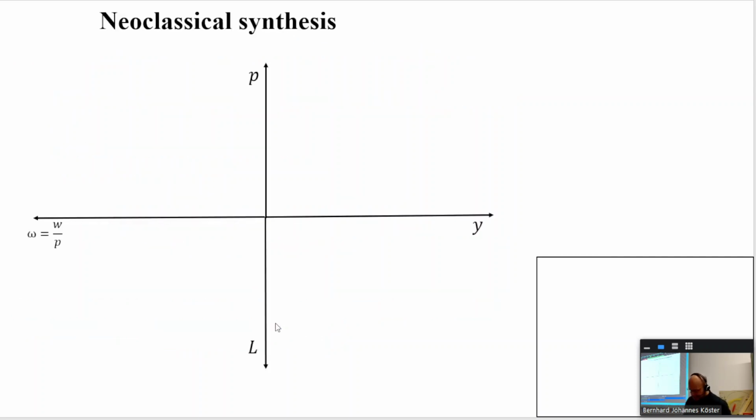Okay, and now we more or less want to try to put everything together, and this is the so-called neoclassical synthesis. And within this synthesis, we put our demand view, the IS-LM model, and our neoclassical view together.